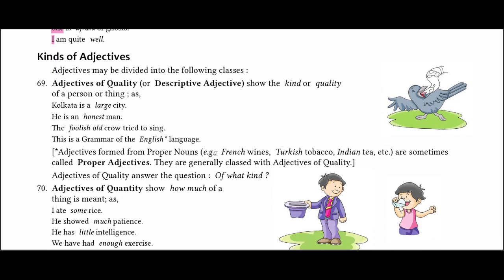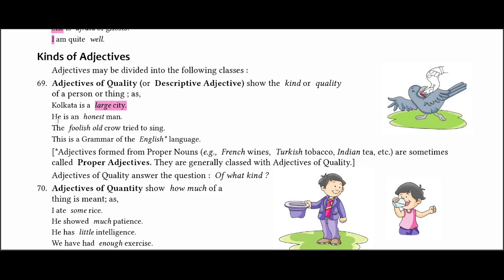And now the kinds of adjectives. Now look at this statement. Kolkata is a large city. City is the word that denotes a place. So it is a noun. And this word large, what is its function here in the sentence? It is describing our noun.